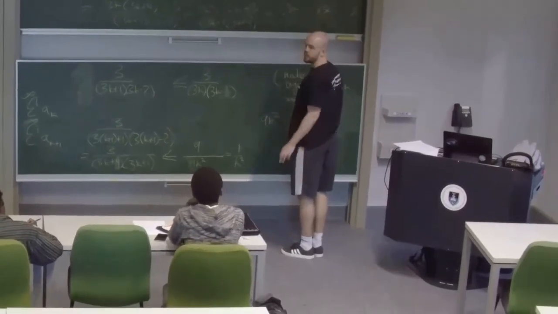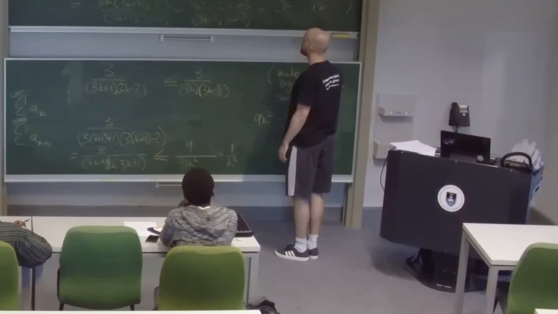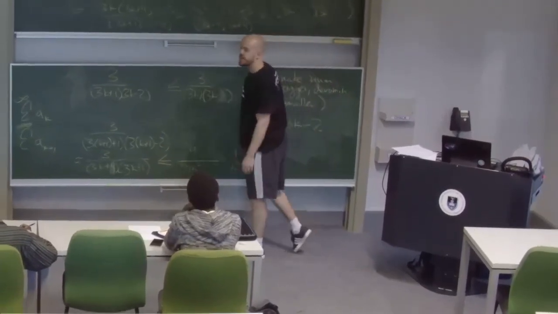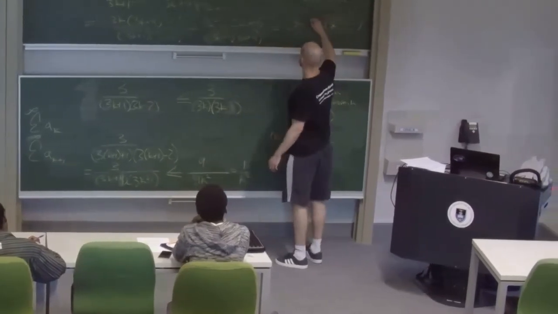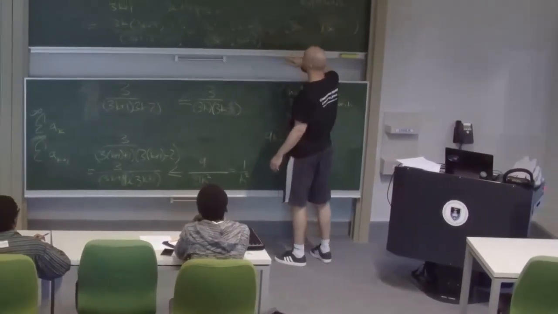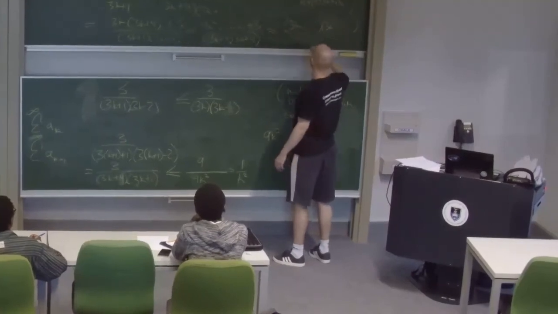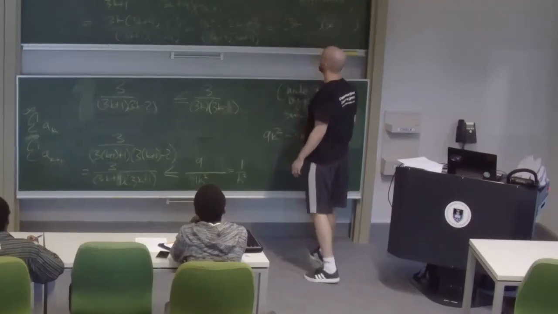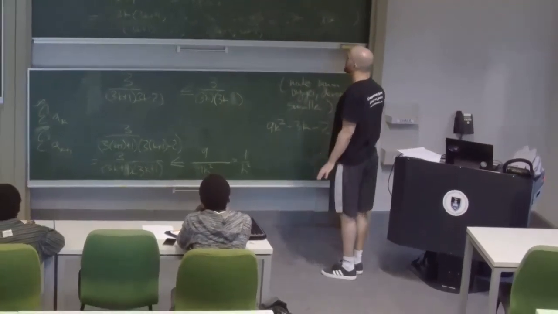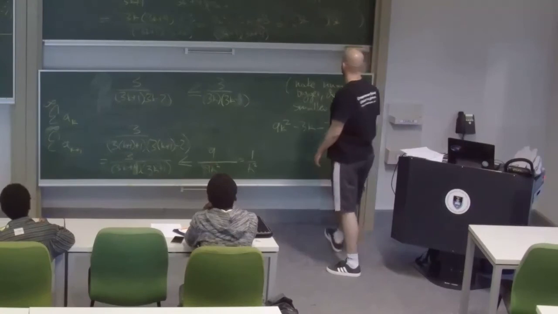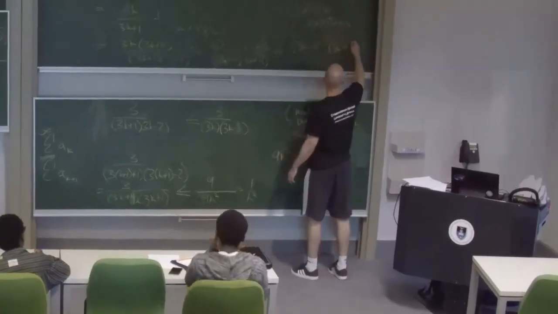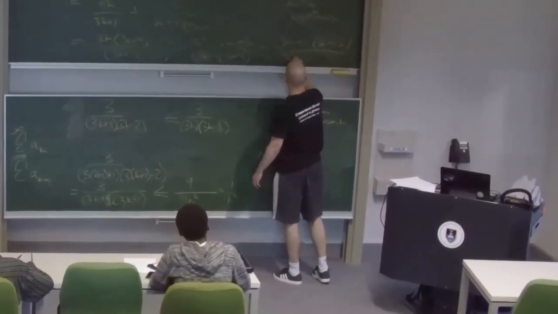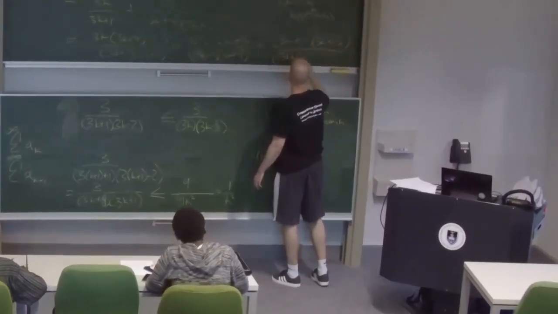We could take out a factor of 3. It's 1 and 4? Well, we're going to need a 1 and 3, right? Yeah, plus 1, plus 3. Oh, beautiful, I see it now. Thank you.